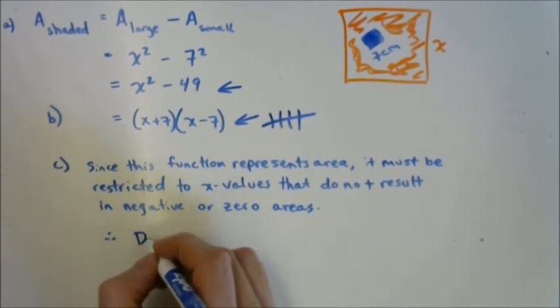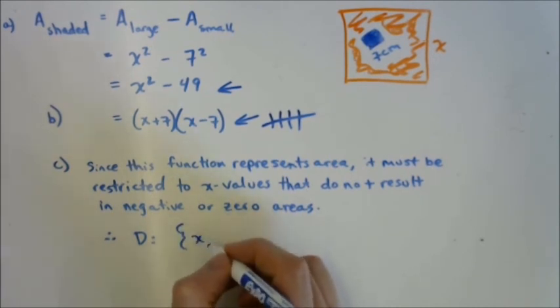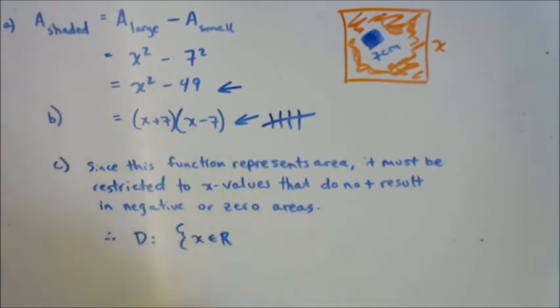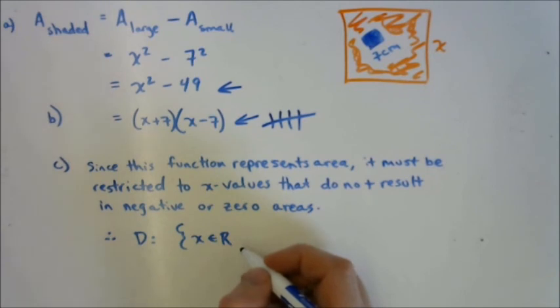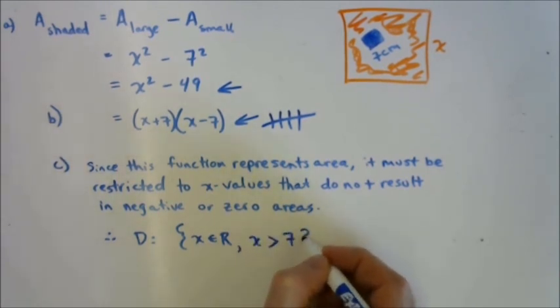Therefore, domain. All our values of x come from the set of real numbers. Okay, it doesn't have to be whole numbers. It can be decimals, it can be rational numbers, etc. But x must be greater than 7.